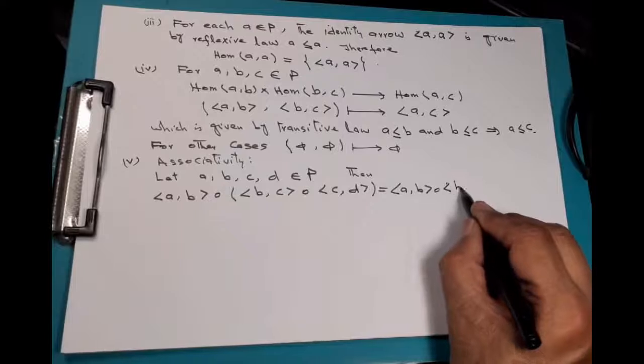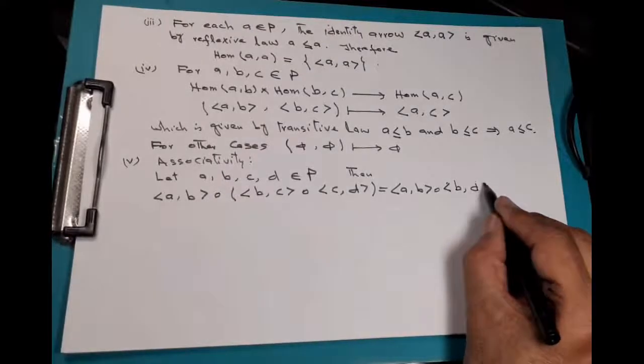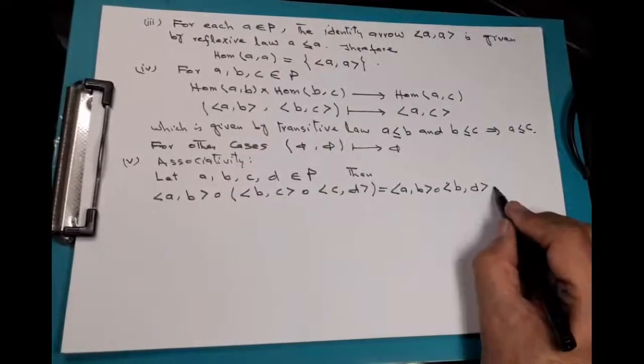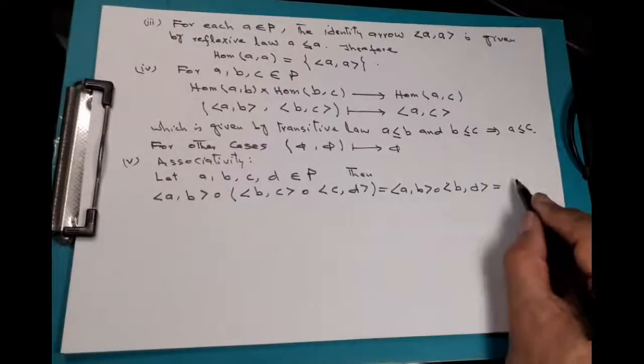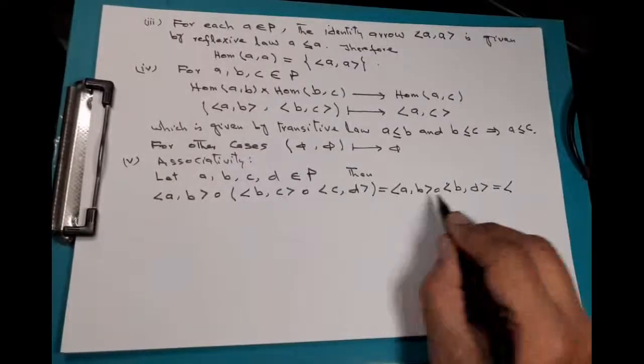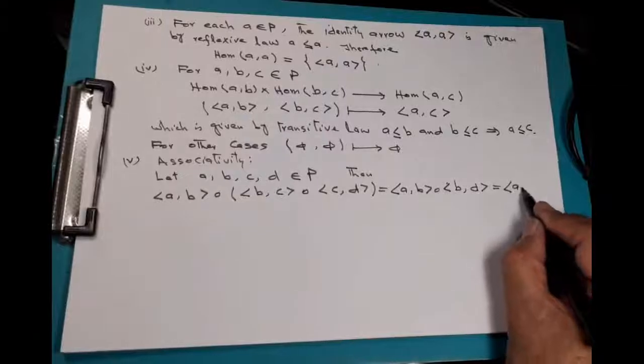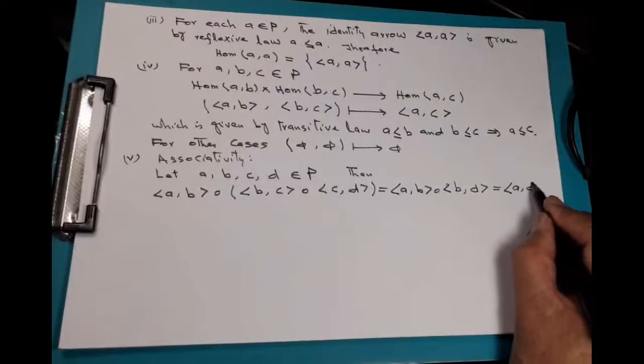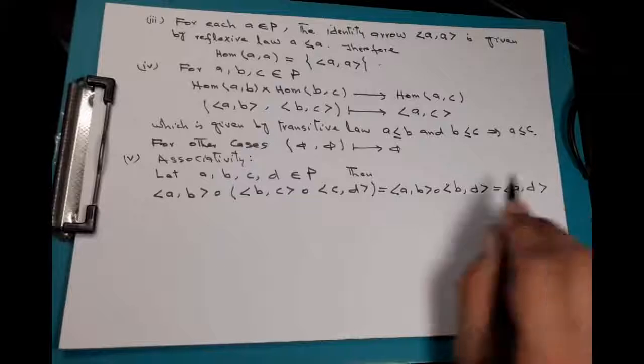And these two composed with each other will give, by the transitive property again, A is related with D. So this is the arrow from A to D.